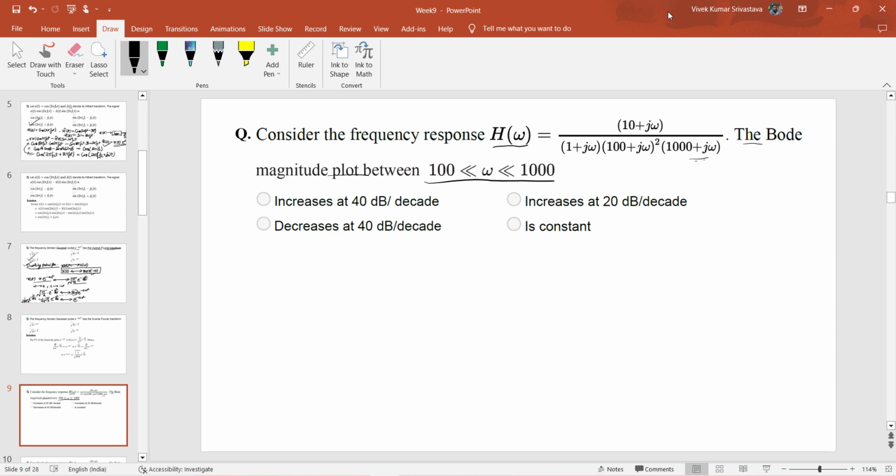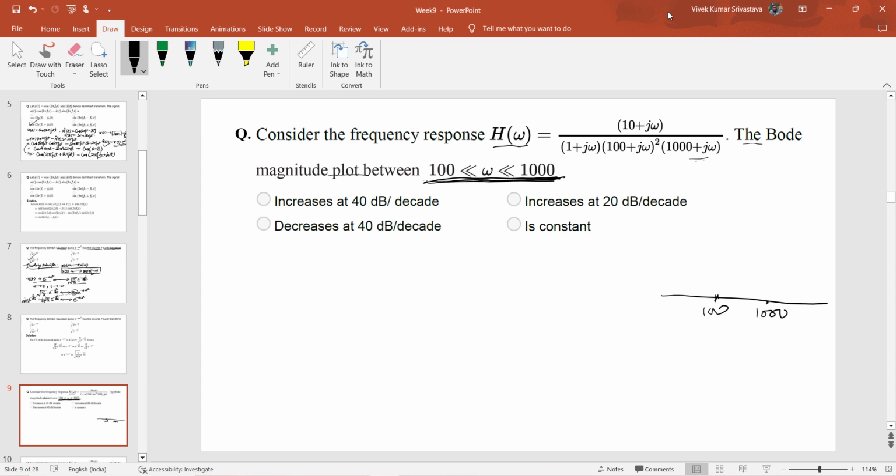What is the slope of this magnitude plot in this interval? That is what we have to find out.